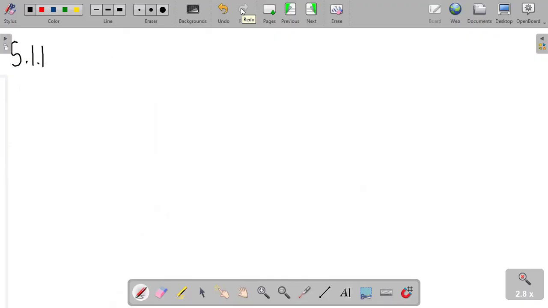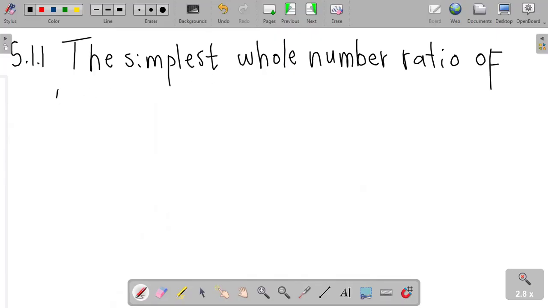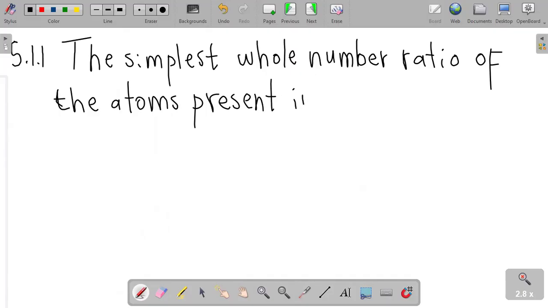So this is the simplest whole number ratio of the atoms present in a compound.